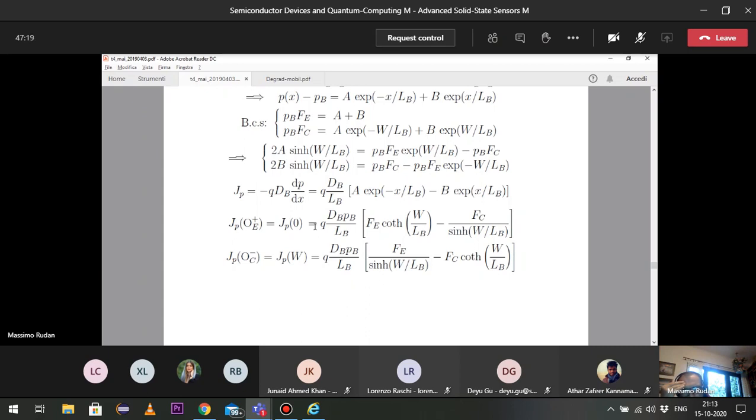How do we proceed? We proceed exactly as we did in the p-n junction alone.